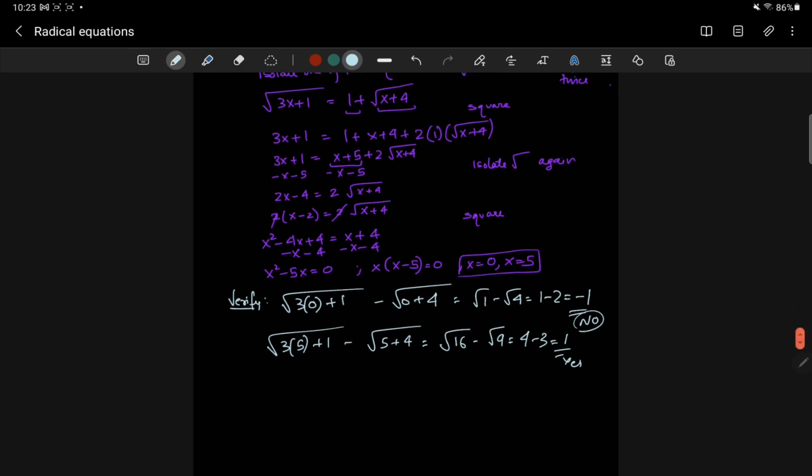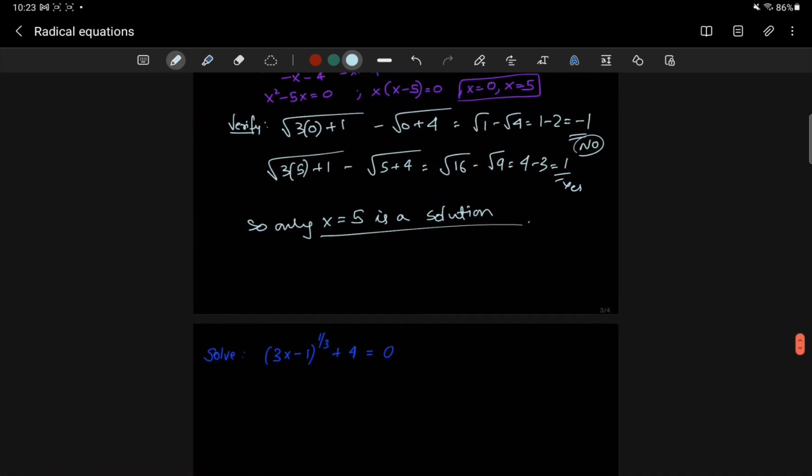Yes. So only x equals 5 is a solution. So here's an example where once you solve, you get two values, but when you verify, it turns out that one of them is not a solution. So you have to be very careful that you do not forget to do the verification step.